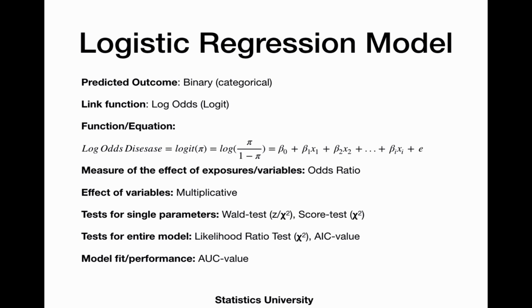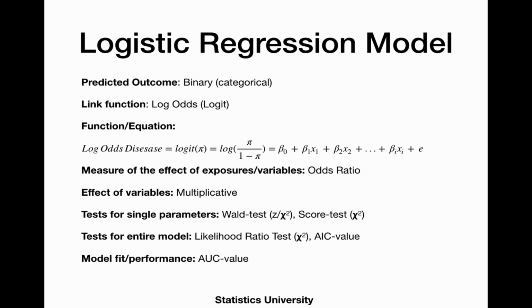And our equation becomes: the log odds of the disease or a certain outcome or event is the logit of probability, and that's the same as the log of the probability of an event divided by the non-probability of the event, is beta 0 plus beta 1 times x1 plus beta 2 times x2 and so on with all the additional variables in the model, plus e as our residual term.